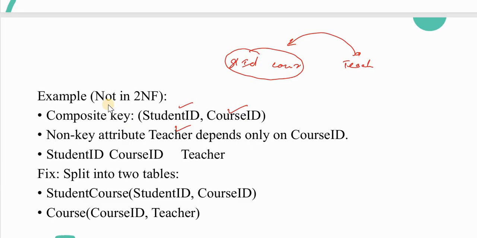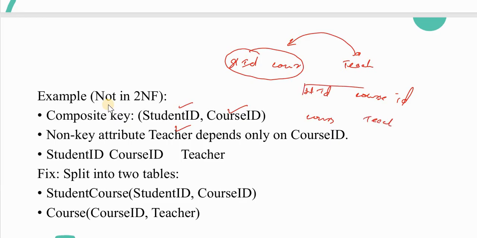So instead of having a bigger table like this and getting confusion between your student ID, course and teacher, we can split this into two tables: student ID and course ID, and course ID and teacher.